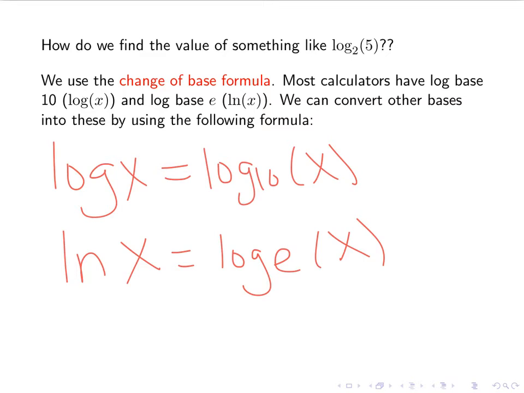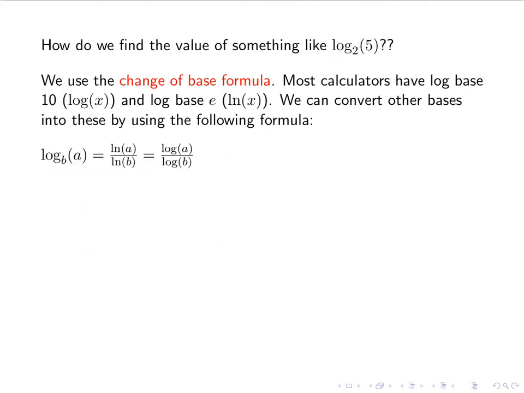Okay, so we have those in our calculators, and then we're going to use those in the change of base formula to do things like log base 2. The change of base formula is log base b of a equals either ln of a over ln of b, or log of a over log of b.